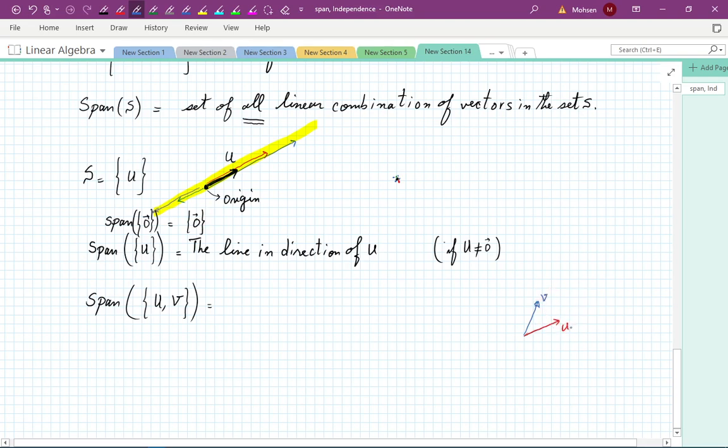I'll explain that later on. Out of the linear combinations of these two, the difficulty is here. Try to imagine all linear combinations of these vectors. For example, u plus v, 2u plus v, 3v plus u, minus u plus v, and all of them.